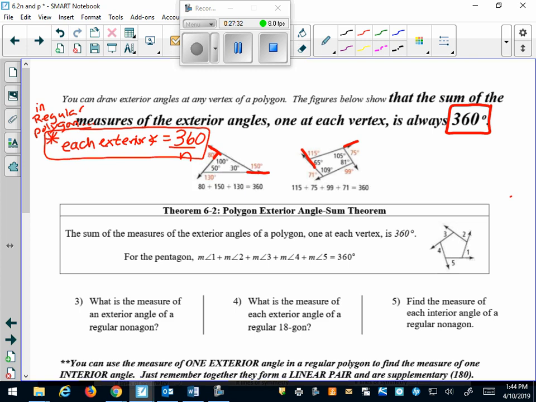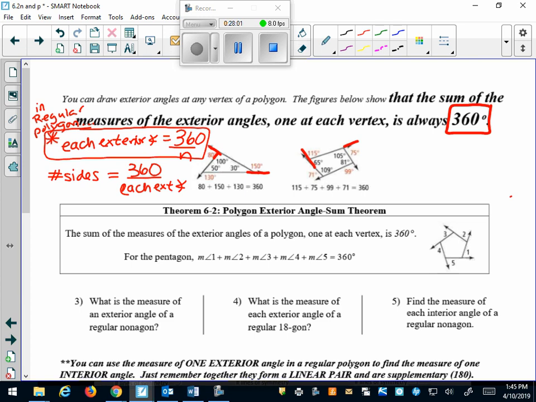Well, similarly, if we just take that same equation, what happens if we want to solve for the number of sides in a regular polygon? Well, the number of sides is just going to be 360 divided by each exterior angle.